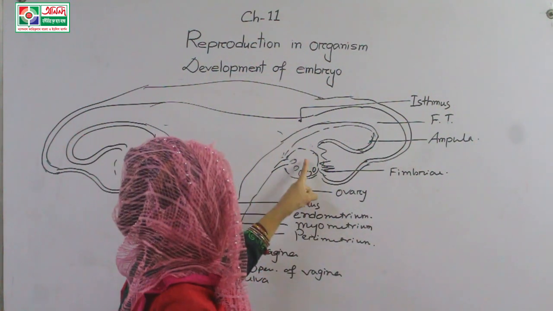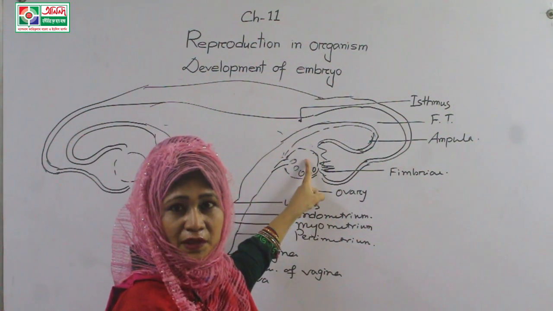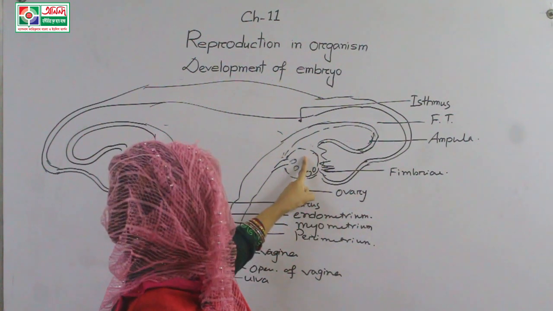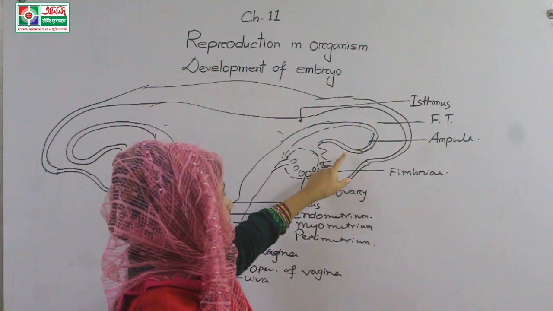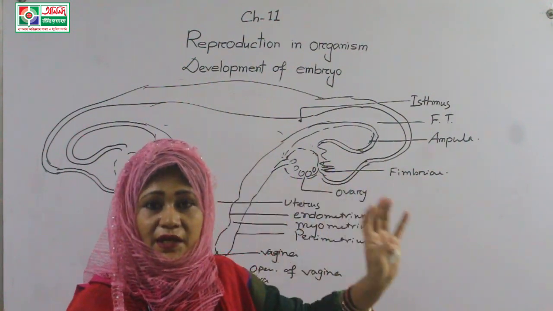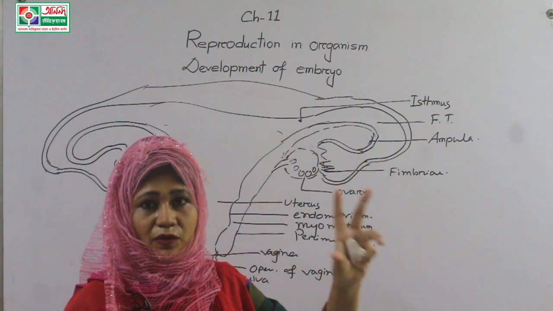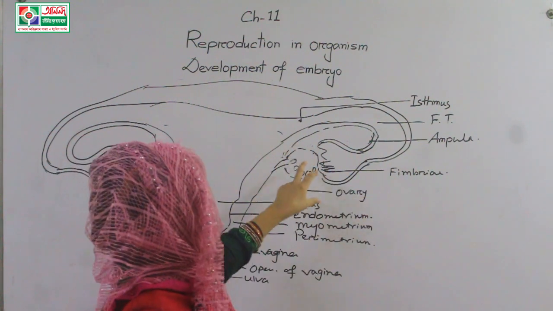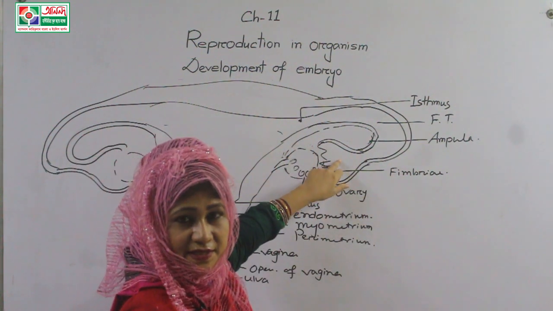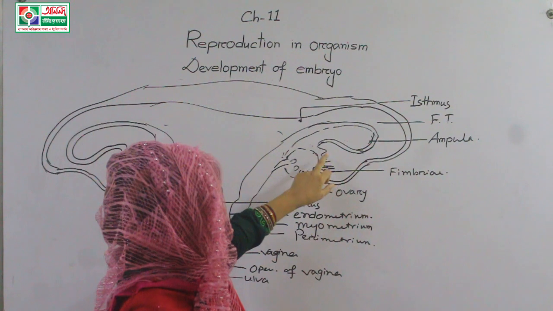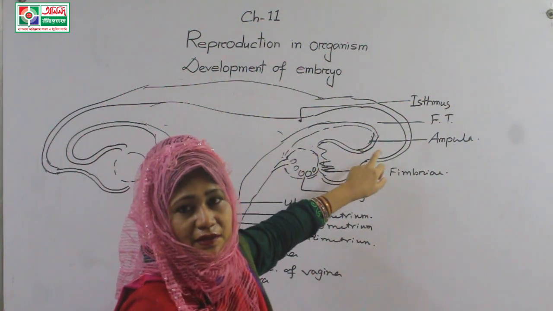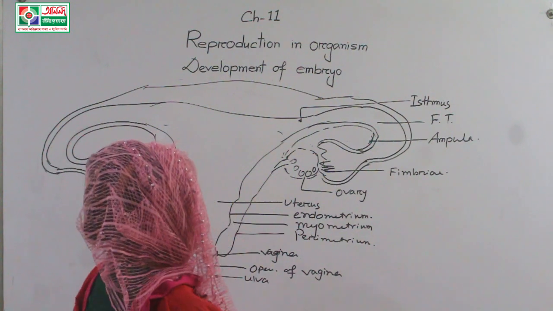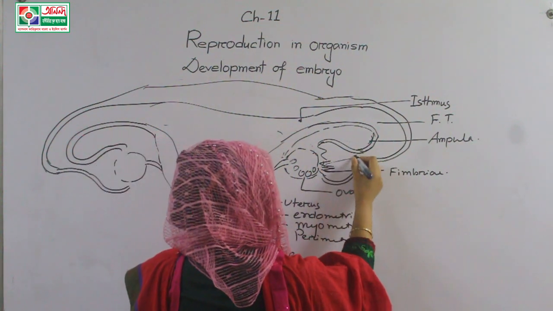And from these Graafian follicles, the secondary oocyte goes to the fallopian tube with the help of the fimbriae. The fimbriae send the secondary oocyte from the ovary to the fallopian tube. So we get the secondary oocyte from here.